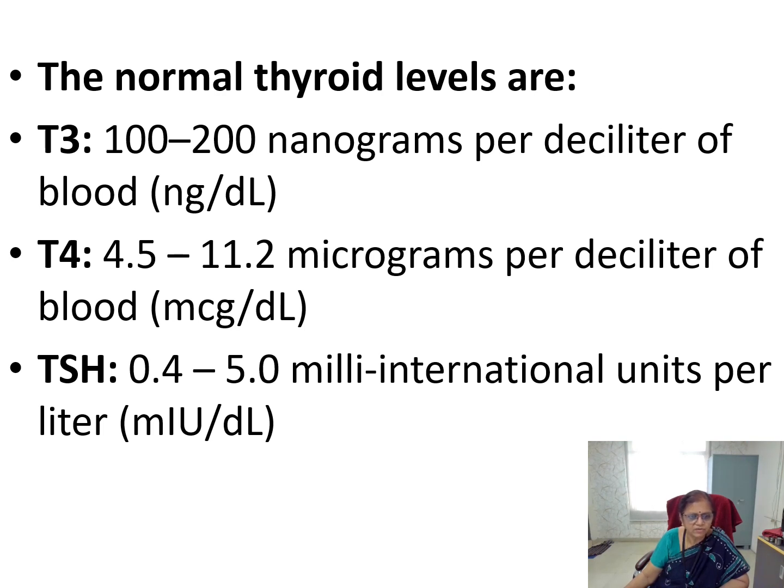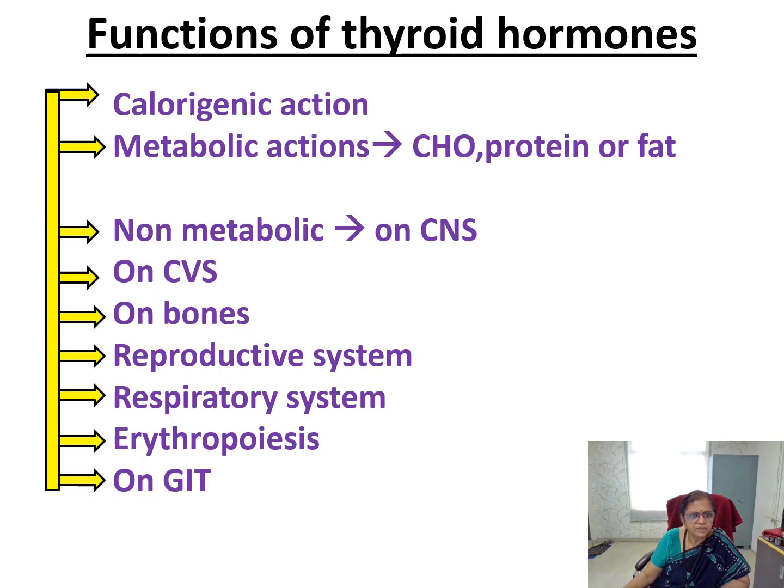This is how we have to remember the normal range of values. If values are less than this or higher than this, we can estimate the condition as hypo or hyper condition of thyroid hormones, and that's how we can diagnose abnormal conditions of thyroid hormones.